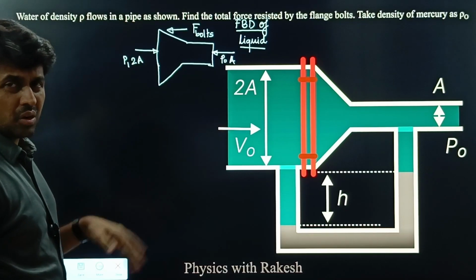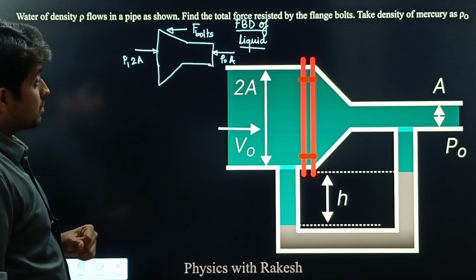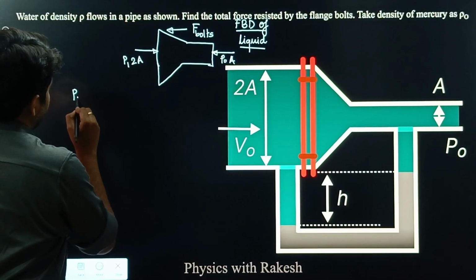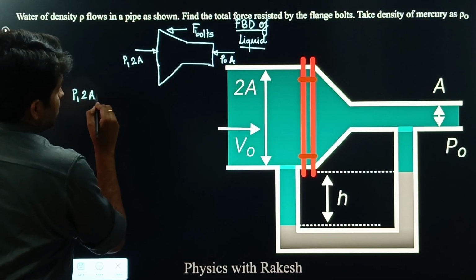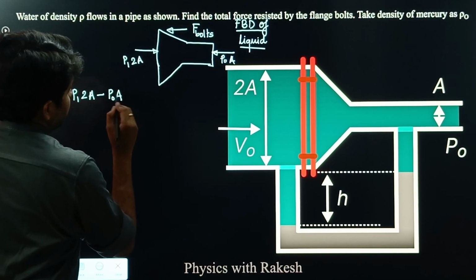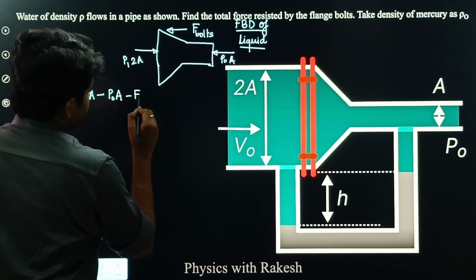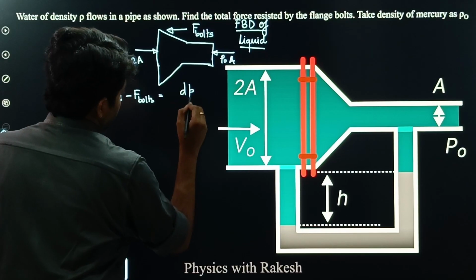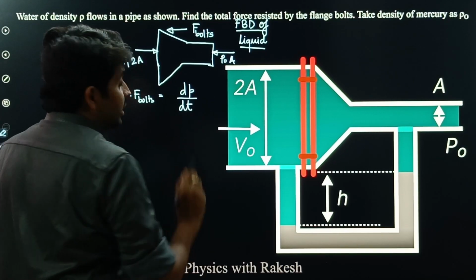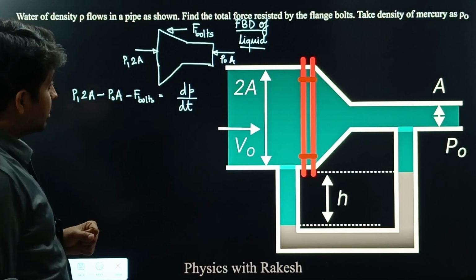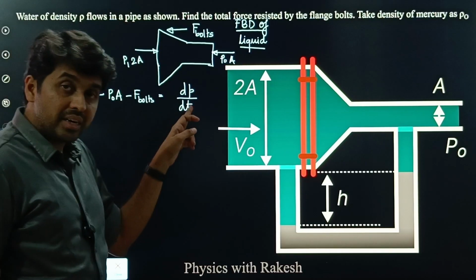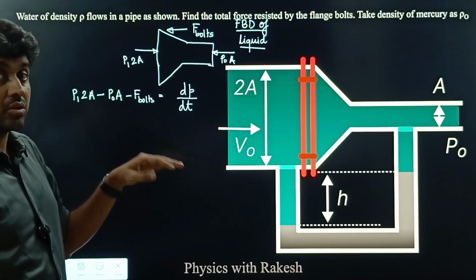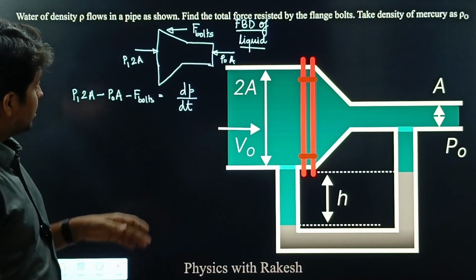We can write net force equal to rate of change of momentum. So I'll just write P1 into 2A minus P0 into A minus F due to bolts equals dP by dt. Now, how do we find this dP by dt? We use the same technique that we used during Bernoulli's equation.